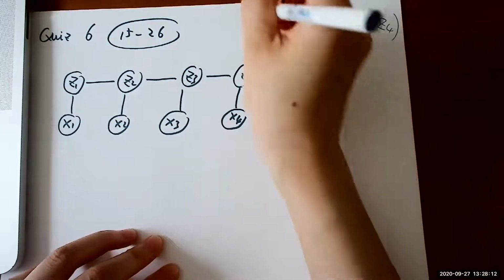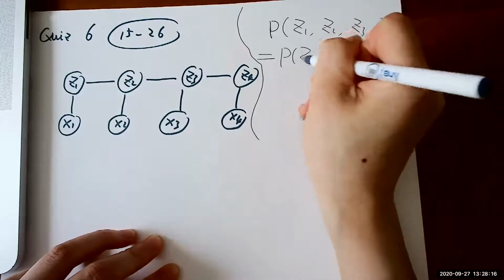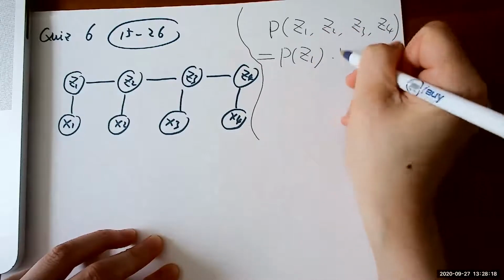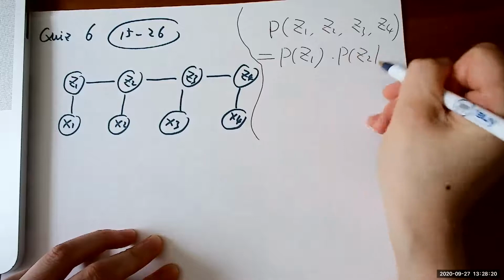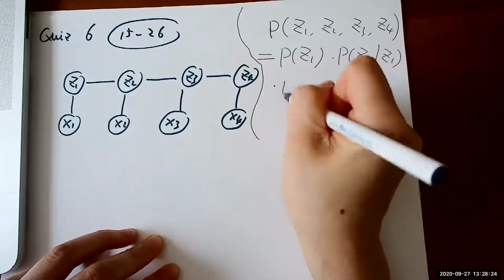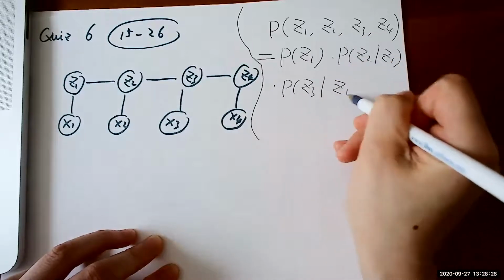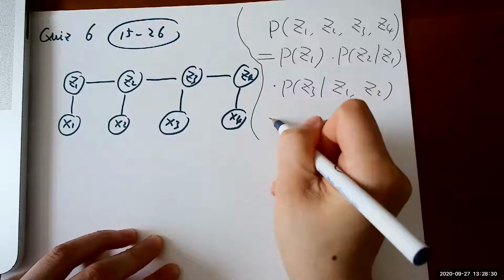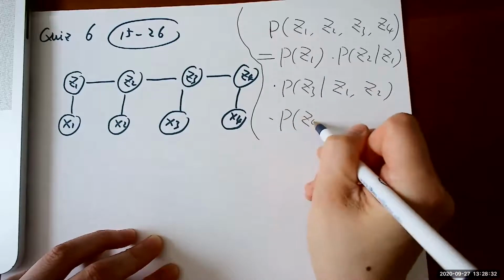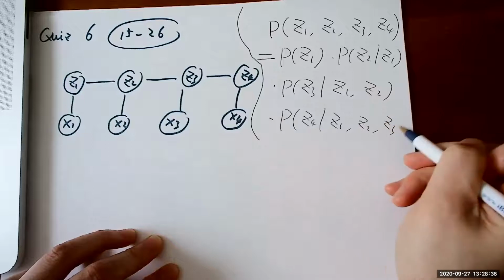And the following factorization is always okay, meaning I take the first one and times the second one given the prior z1, and times, then I move to z3, I have to give all the prior variables, z1 and z2, and times z4 given z1, z2, z3.